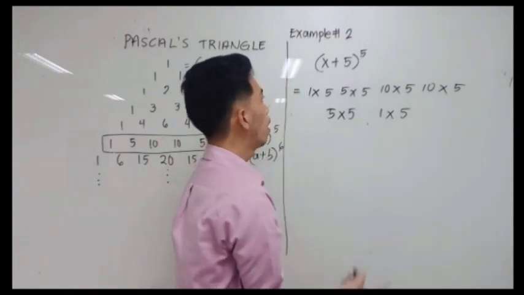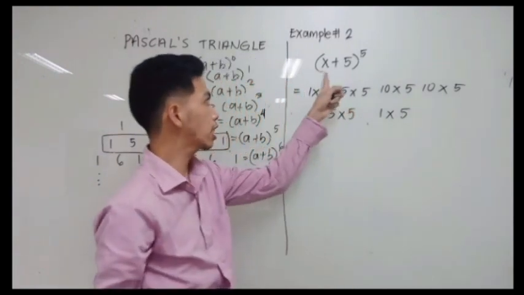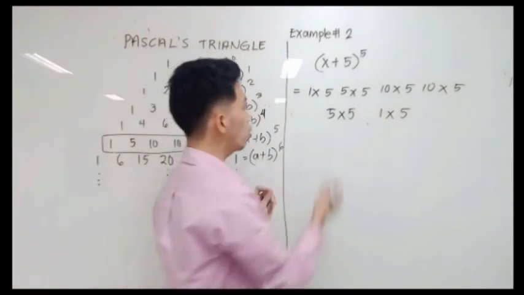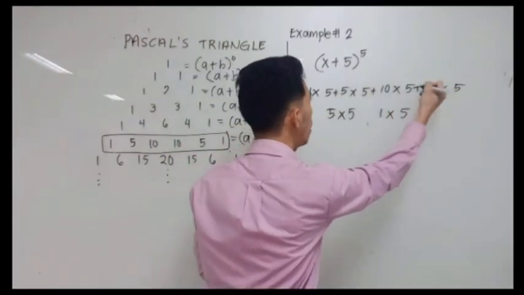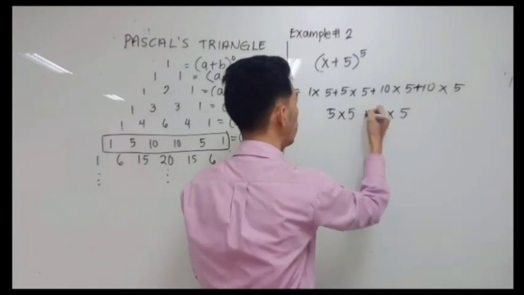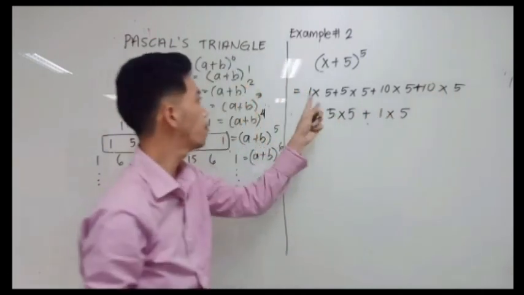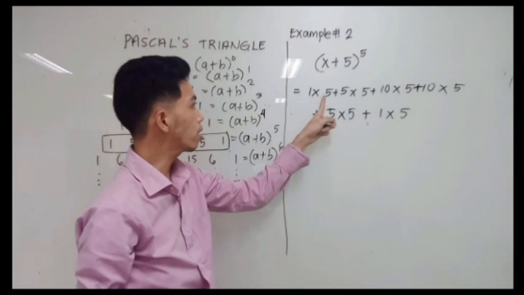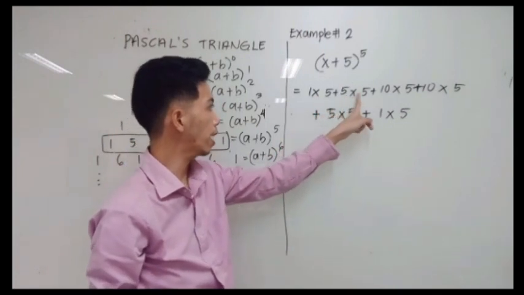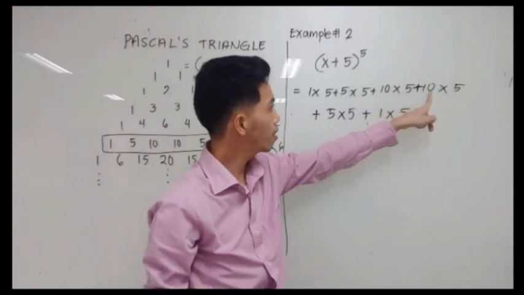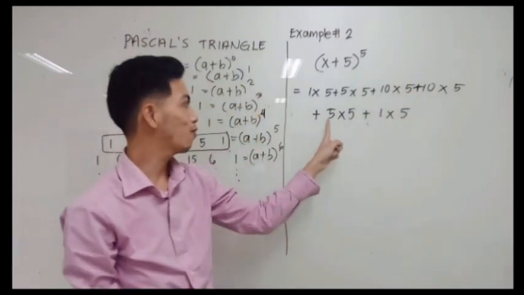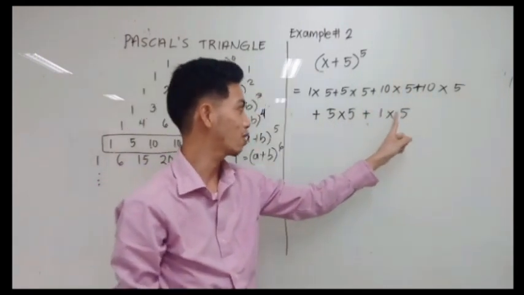So now, since this is the expansion, we are going to use addition as a separator. Okay, para lang makita nyo na magkakahiwalay siya ng term. Okay, so you have 1x5 plus 5x5 plus 10x5 plus 10x5 plus 5x5 plus 1x5.